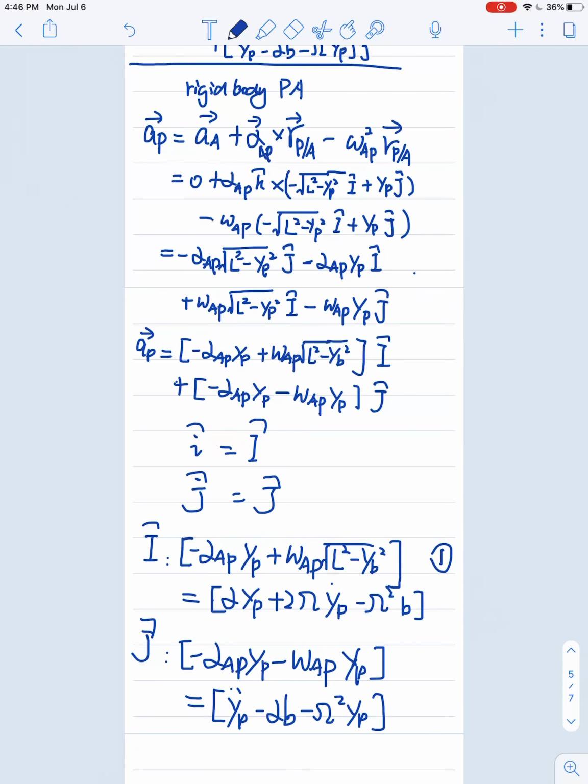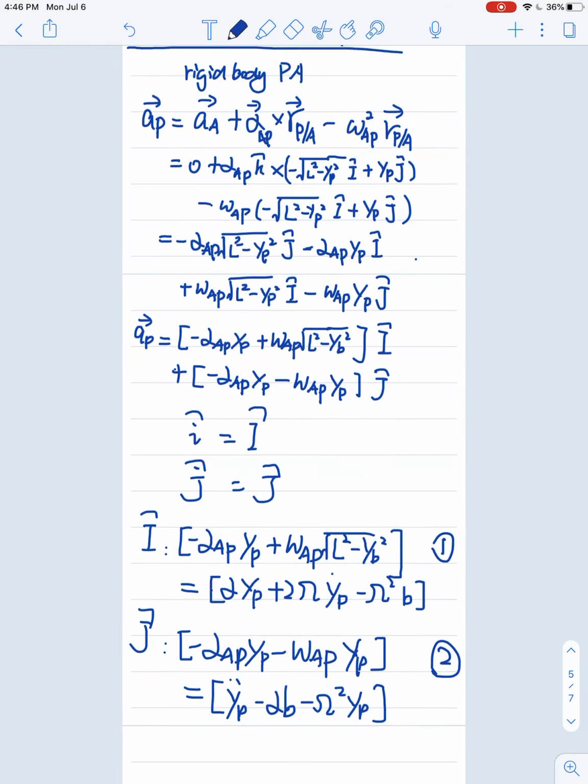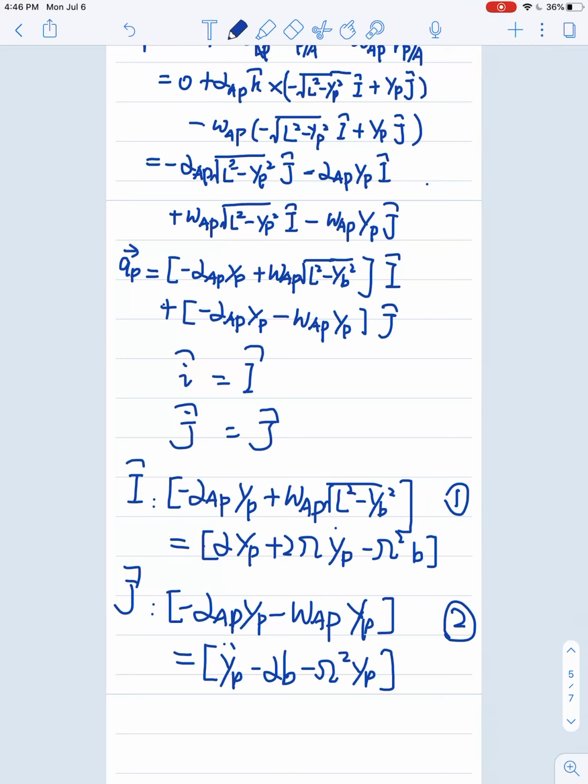Okay, now you have two equations, equation 1 and equation 2, and it should be a simple task to apply these two equations to find an expression for the unknown alpha AP.